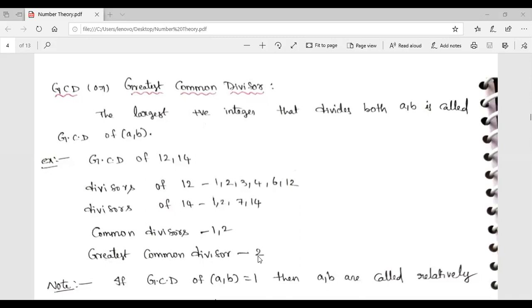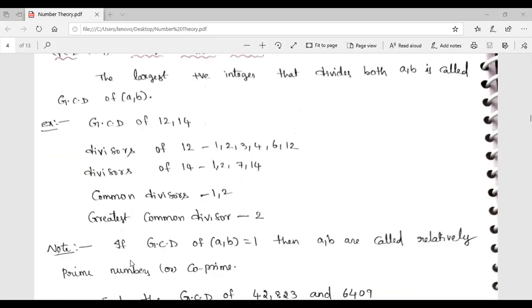So what is the definition of the greatest common divisor? The largest positive integer that divides both a, b is called the greatest common divisor. Okay, so here is the example. The important note here is, if the greatest common divisor of a, b is equal to 1, then a, b are called relatively prime numbers.